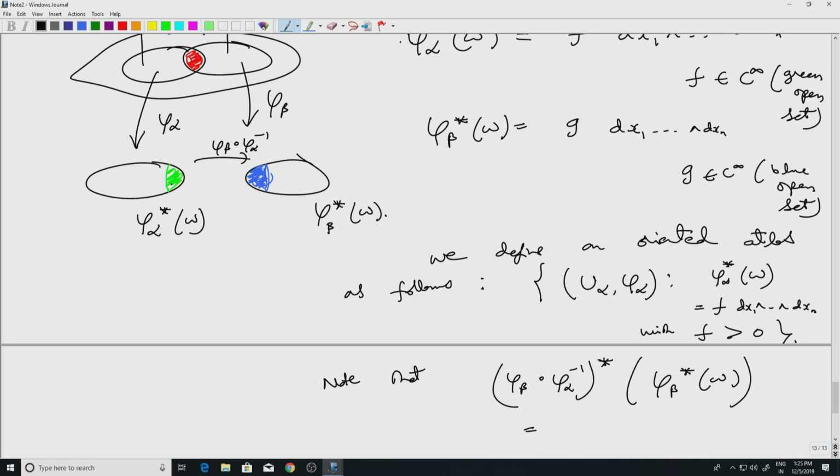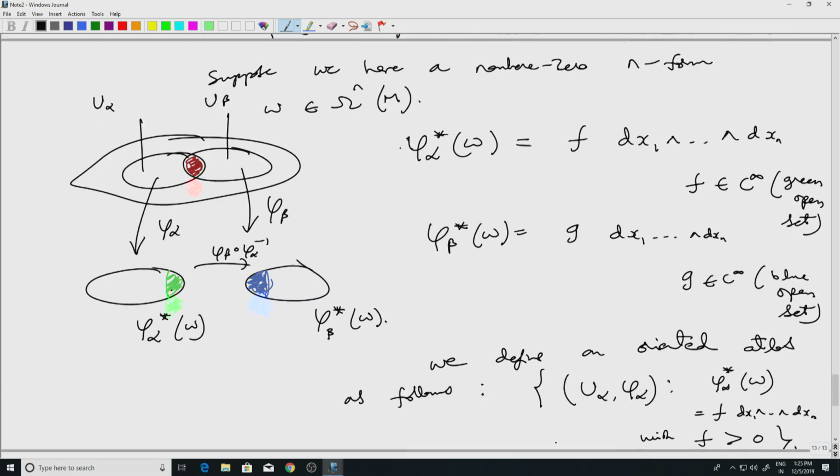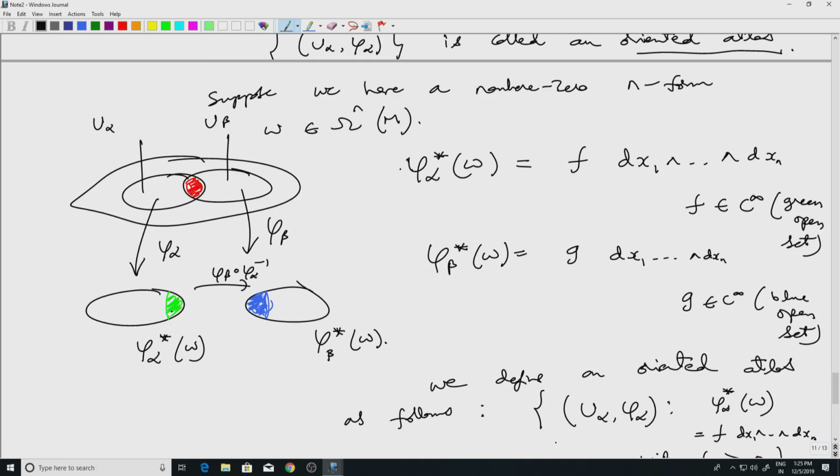oops, sorry, here actually I should be a bit careful. I should use phi alpha inverse rather than phi beta inverse. So here everywhere I should change it a bit.